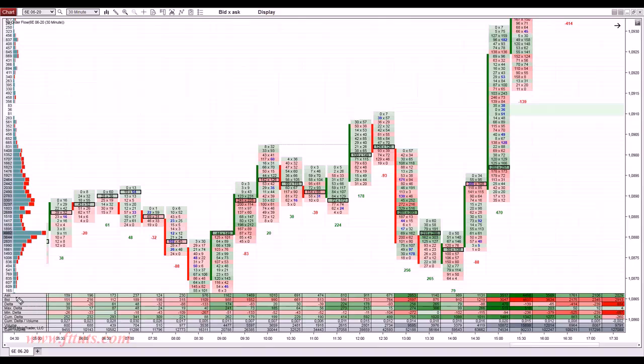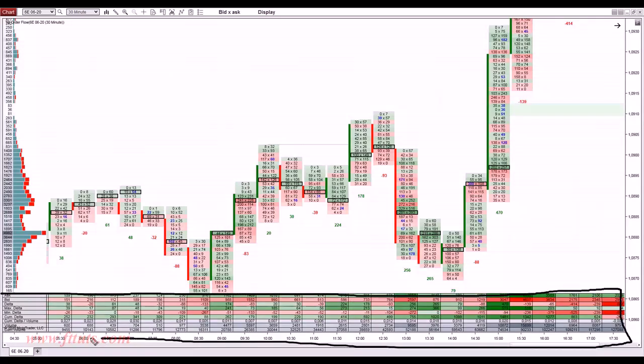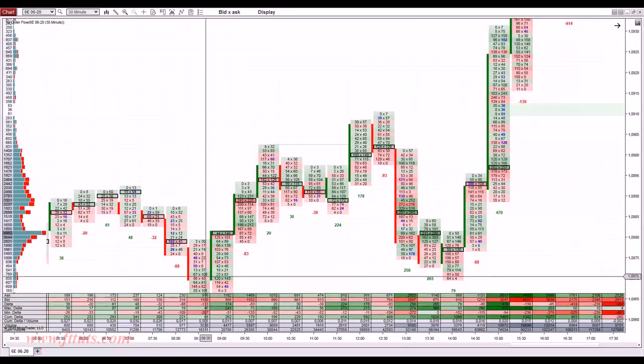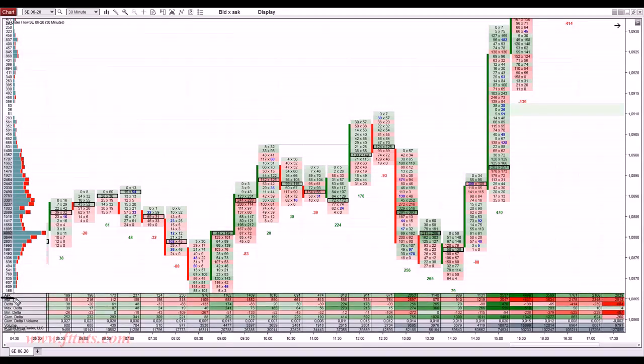Alright, so this table in here, this is the summary, and the first thing it shows you is the ask, and it tells you for every footprint what the sum of the volumes at ask was. So 13 plus 54 plus 13 plus 5 plus 20, count all those together, it will give you 237.